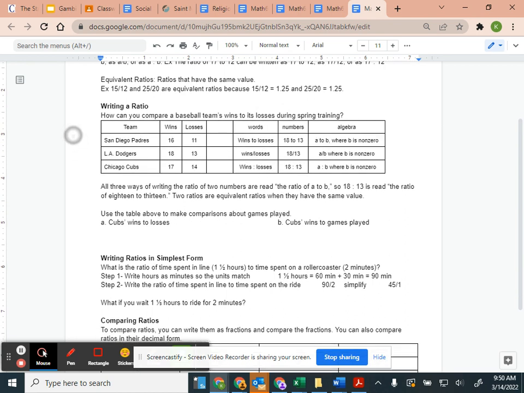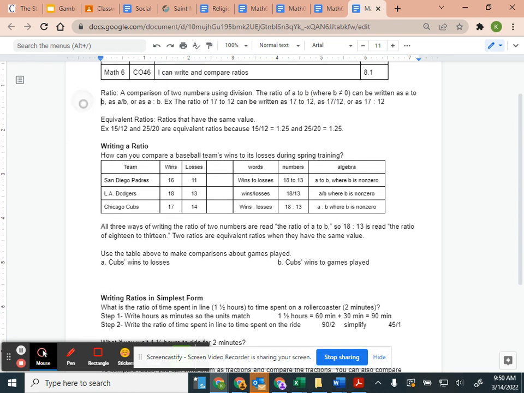We talked about equivalent ratios, the ones that have the same value. So if we put it as our fraction, remember that fraction bar means divide. If we want to know if it has the same value, we're going to take our top number, our numerator, and divide it by the denominator.